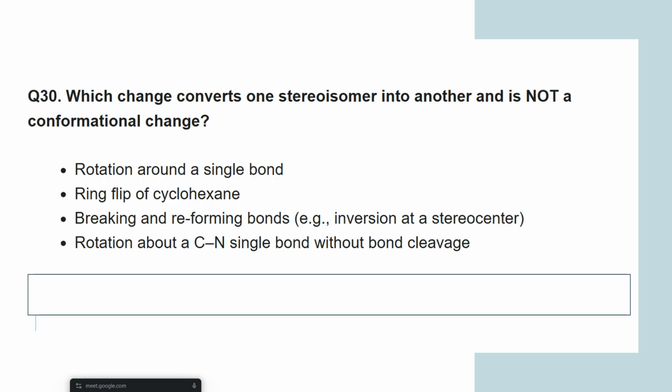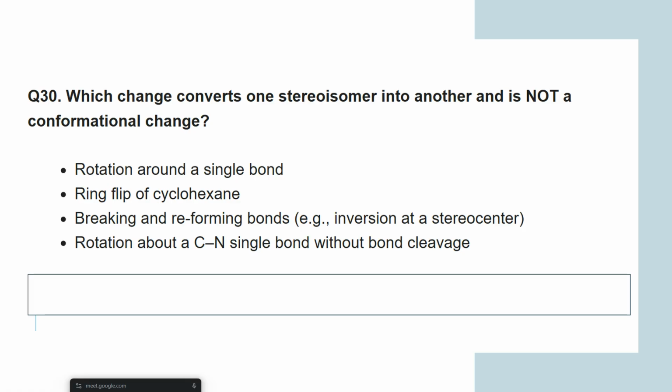We have already talked that when we are talking about conformational change, we are not going to involve any bond formation or bond breaking. We will be rotating the molecule via a carbon-carbon single bond. And hence, rotation is common in conformational changes.